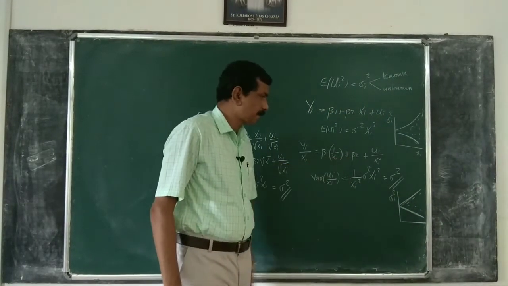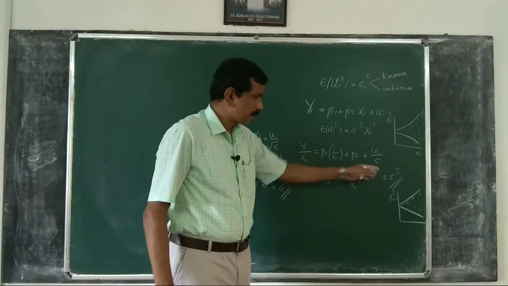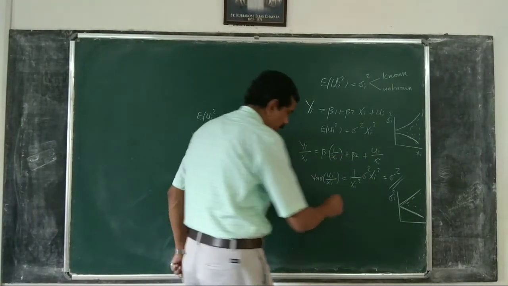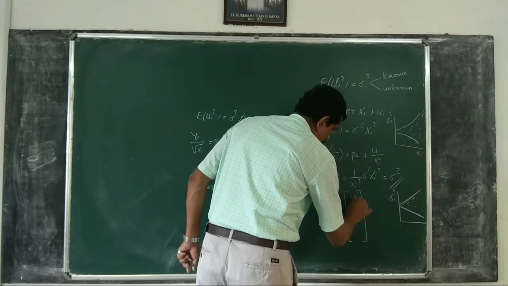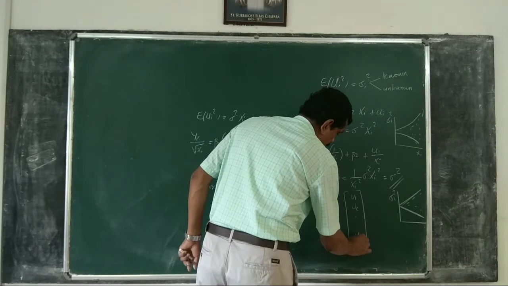Now here, in this model, what is the P matrix? This is u1, u2, etc., un.